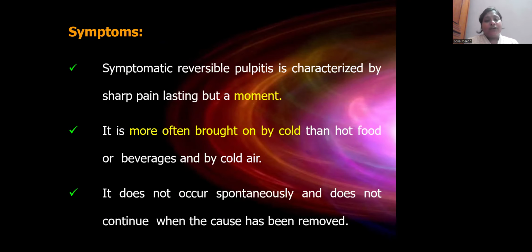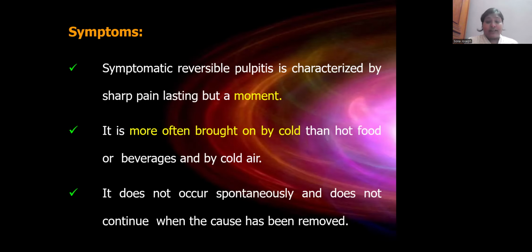And when you ask history from the patient, they may tell that the pain is sharp, lasting only for a moment. More often brought on by cold than hot food or beverages and by cold air. Because in this, the caries or the fracture has only started affecting the pulp periphery. A delta fibers are present in the periphery and C fibers are present in the core, and A delta fibers are more sensitive to cold.